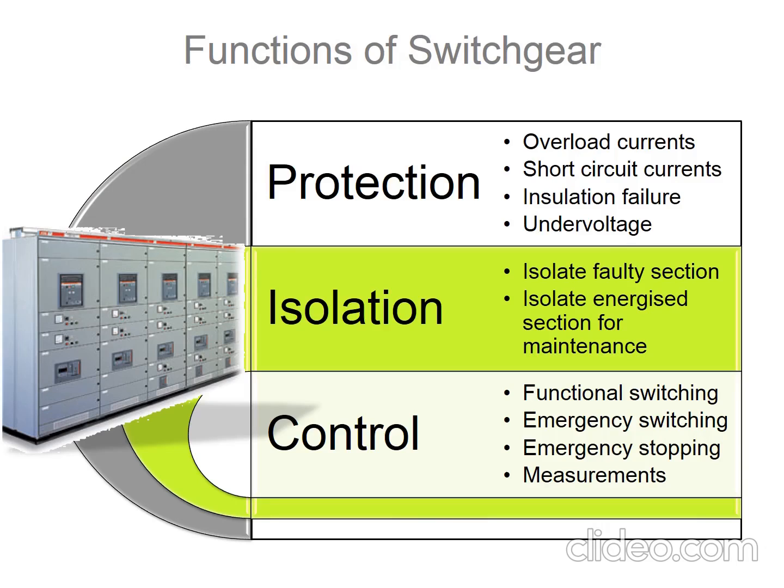The first one is for protection, protection from overload current. The second is for short circuit current, protection for insulation failure, and last is for undervoltage protection. For isolation, switchgear is used to isolate the faulty section.